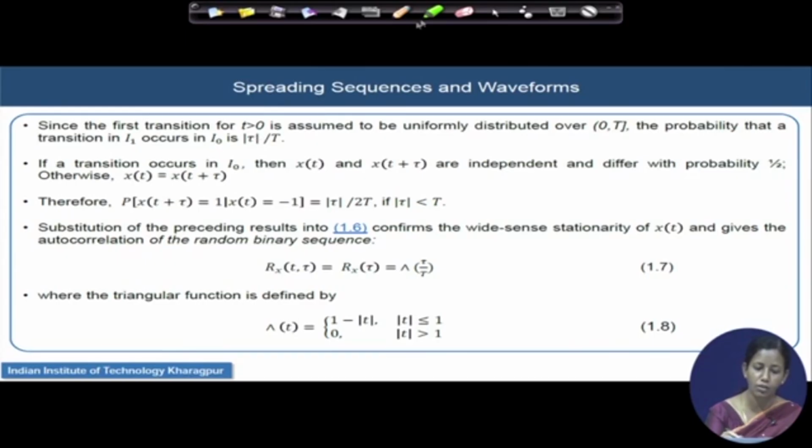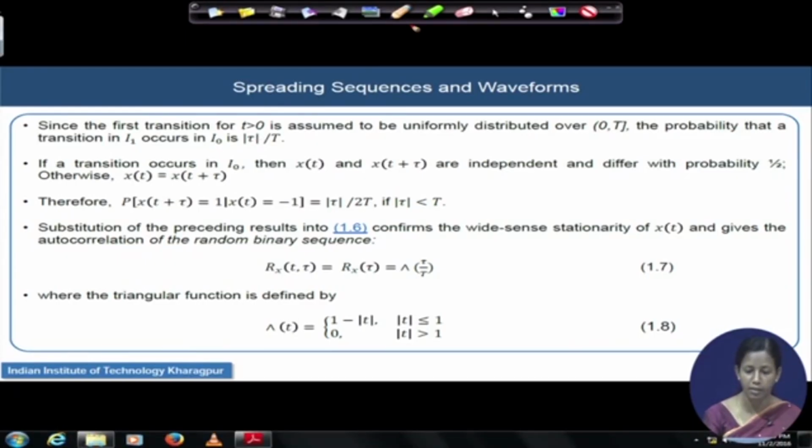Since the first transition for t greater than 0 is assumed to be uniformly distributed over this half open interval, because it is a wide sense stationary process, what is the probability that the single transition occurring within I_1 occurs within I_0, the interval t to t+τ? This probability is given by mod τ divided by capital T.